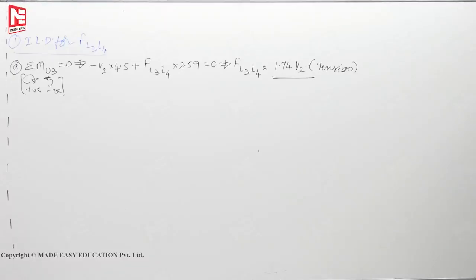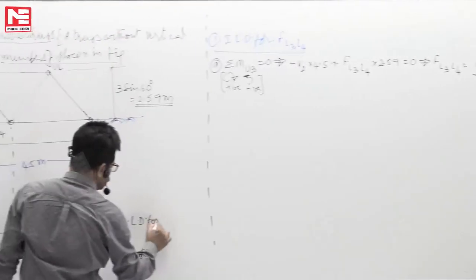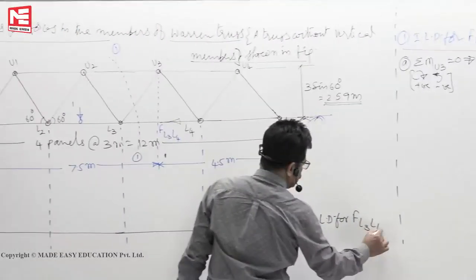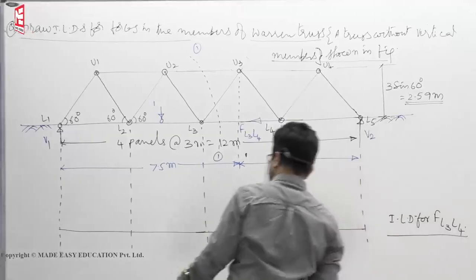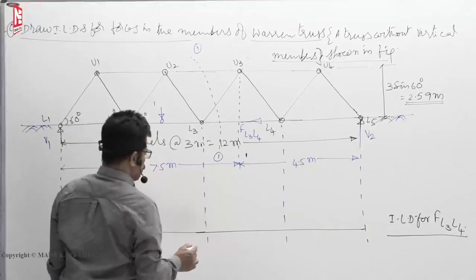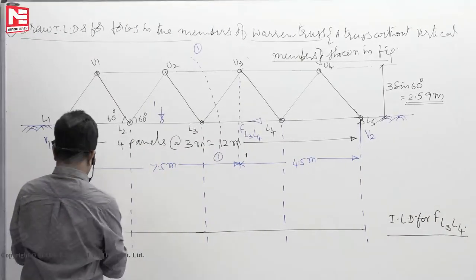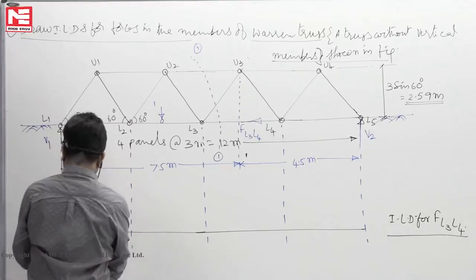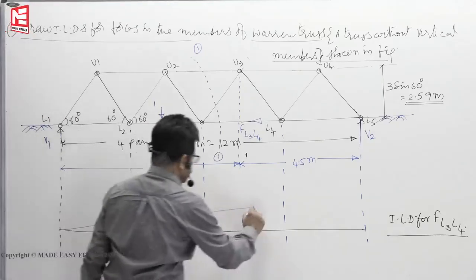So this is your ILD for F L3 L4. See, tension 1.74 V2 means you have to draw above the reference line. 1.74 V2, it will go something like this.